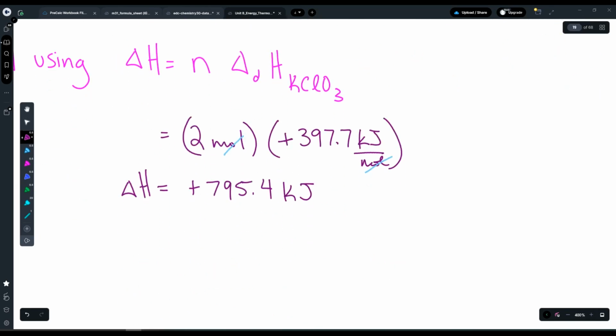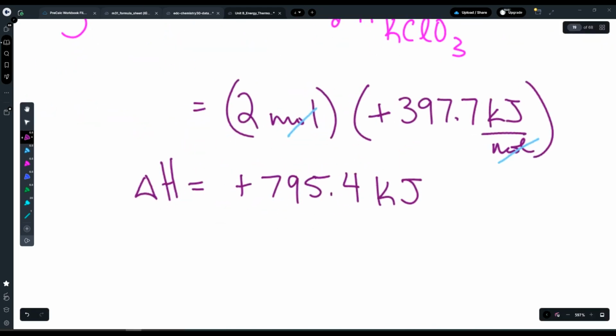And I got 795.4 kilojoules. Okay, now at this point, I'm saying to myself, it's a positive value. That means it's an endothermic reaction, and that means that heat is being gained by this system. So that means we need to put it as a reactant.